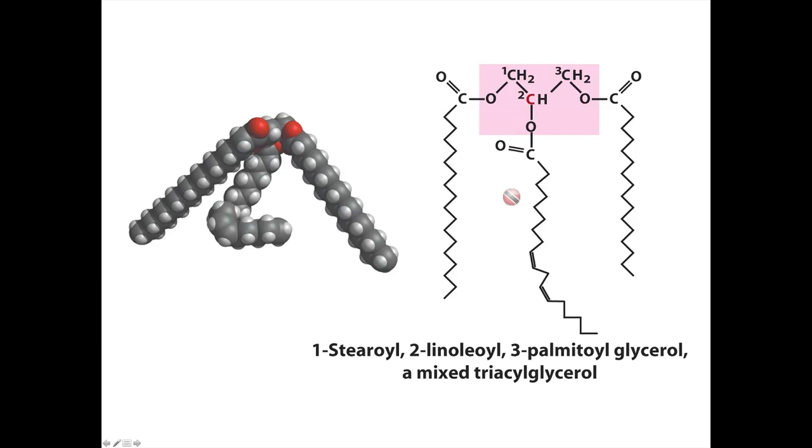Now what could happen here is that, again, let's isolate this here, is glycerol, CH2, CH, CH2. And what happens is that for every hydroxyl group present on glycerol, a fatty acid could combine with it.